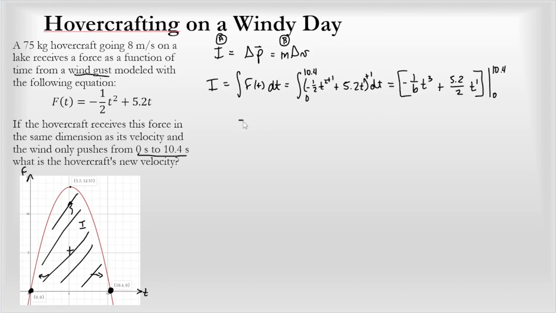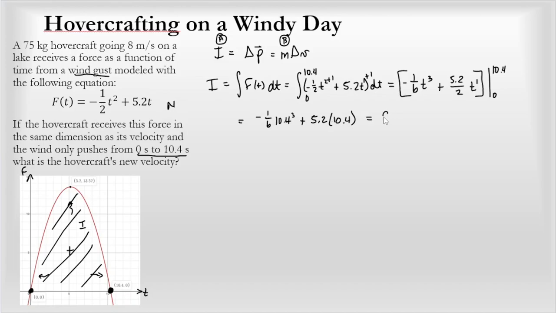So the impulse is going to be negative 1/6 10.4 cubed plus 5.2 times 10.4. And when you run this through your calculator, we're all in the correct units here in terms of seconds, and the force was in newtons, I assume.